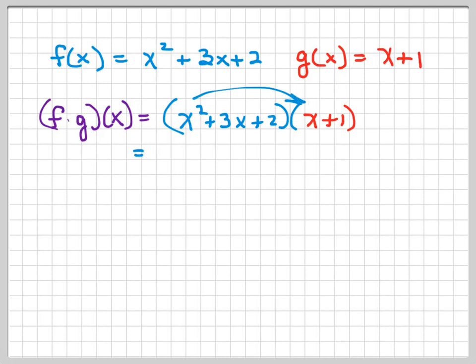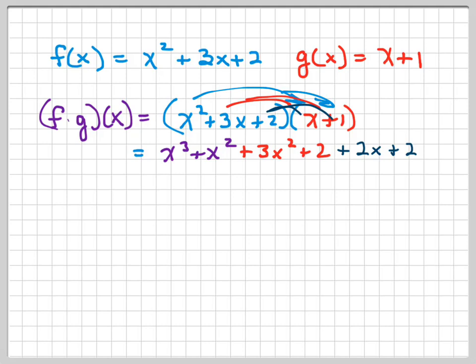We'd have to distribute the x squared. It's x cubed plus x squared. We'd have to distribute the 3x. It's 3x squared plus 3x. And we'd have to distribute the 2. And that's 2x plus 2. And then we'd combine any like terms. So we end up with x cubed plus 4x squared plus 5x plus 2. There's f times g of x.